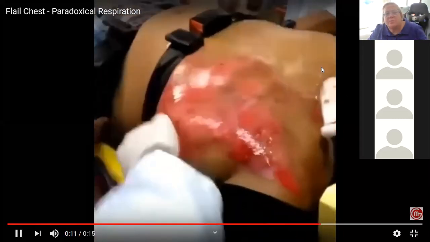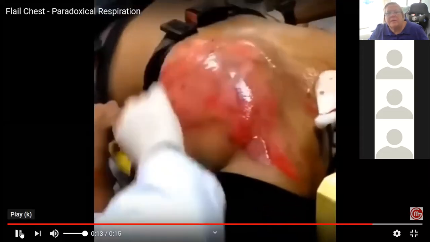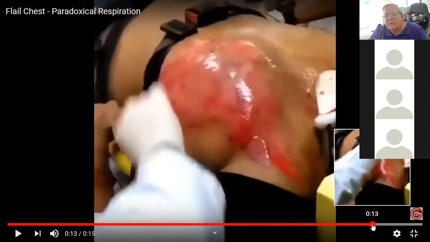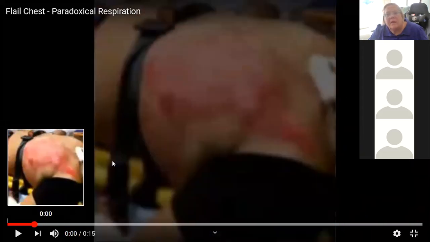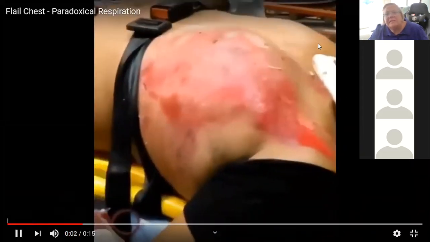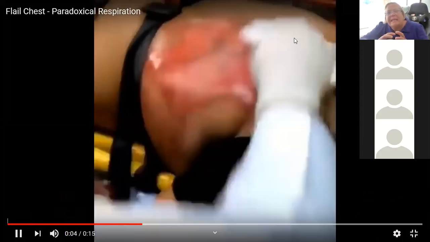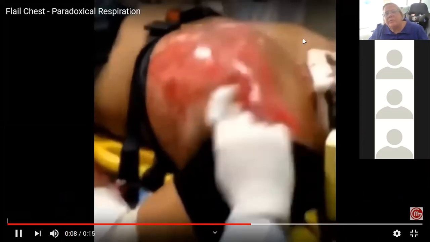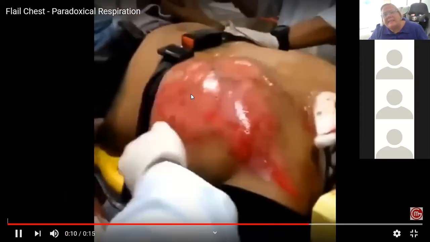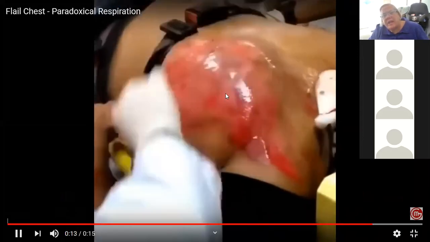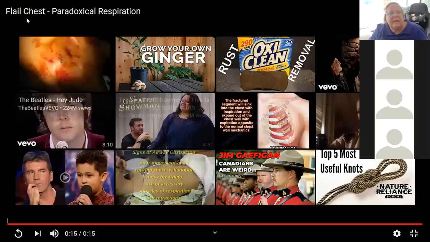So this was clearly in an emergency room somewhere. But I want you to look on, when I restart the video, look on this side. So when he inhales, you see the chest wall move out, and yet this area with the flail chest is sucking in.